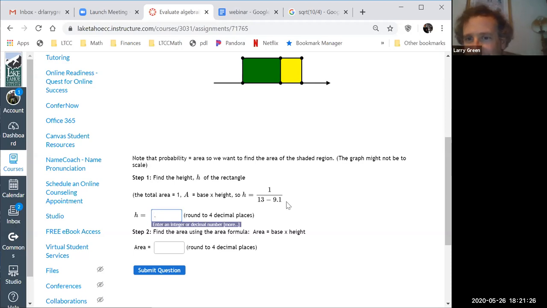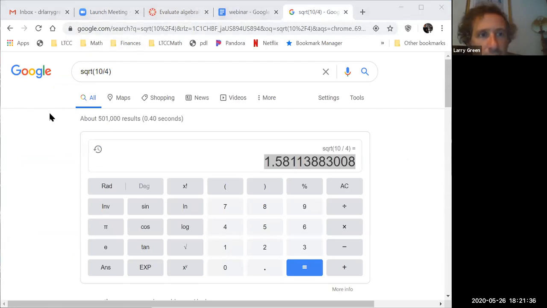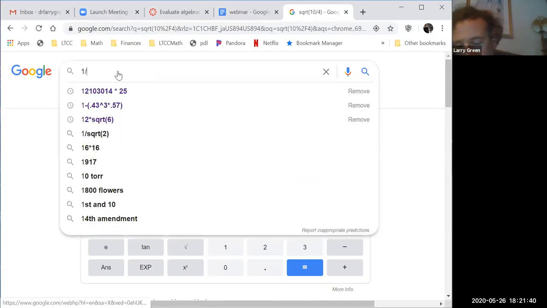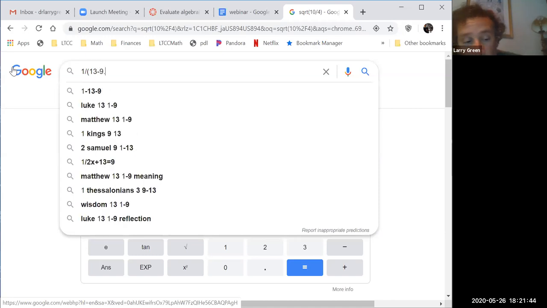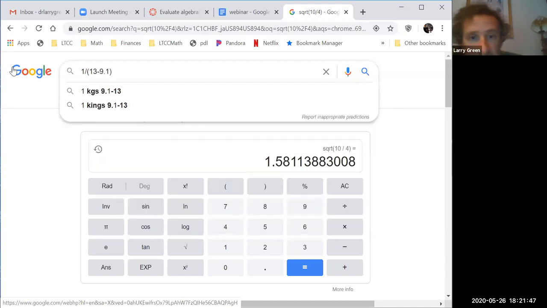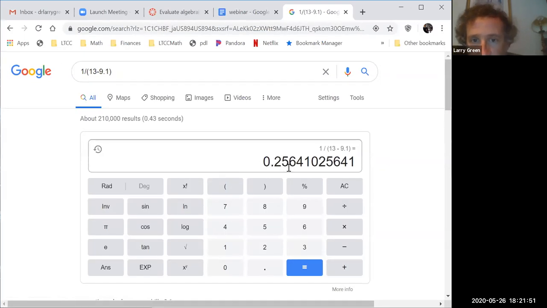Let's see what we all get. All right, maybe I'll do it. 1 over 13 minus 9.1. So 1 over parentheses 13 minus 9.1, end the parentheses. 0.25641.